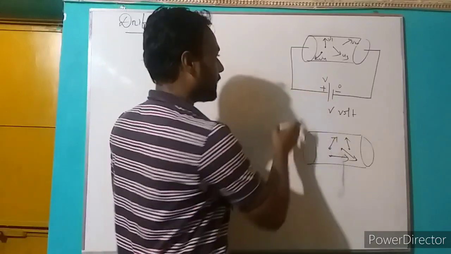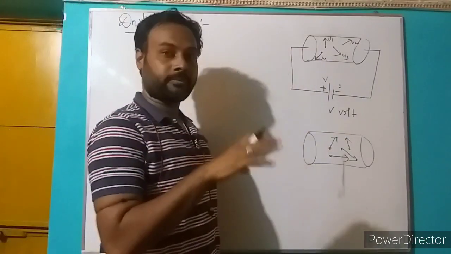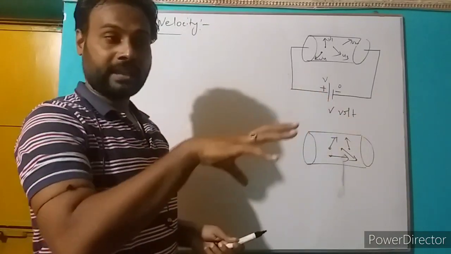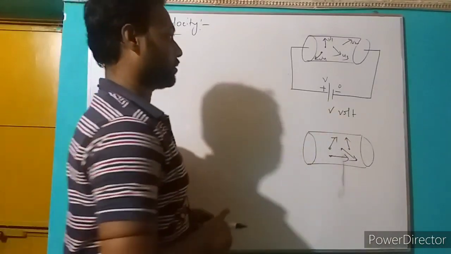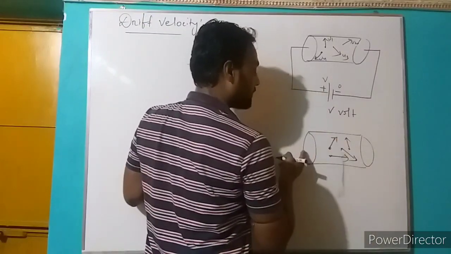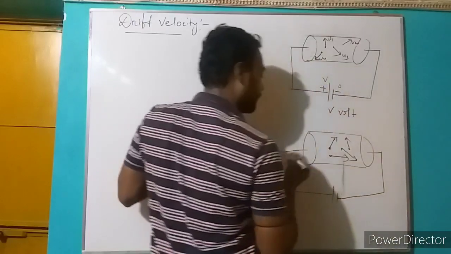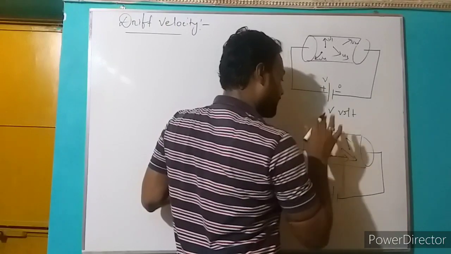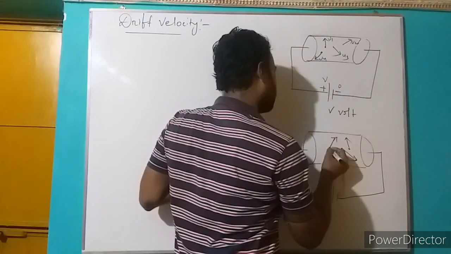When we attach the battery, what will happen? The force is exerted on the charged particle, and the electrons are attracted opposite to the electric field, toward the positive terminal of the battery. While the electron moves in that direction, due to attaching the battery, it experiences an electrostatic force and retraces in that direction.